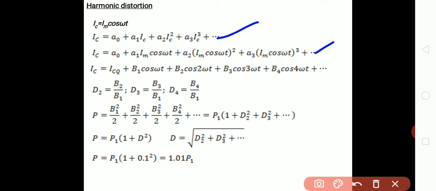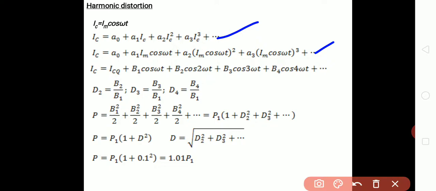After applying a few basics of trigonometry, cos square omega t can be written in terms of cos 2 omega t. In the same way, cos cube omega t can be written in terms of cos omega t plus cos 3 omega t terms.